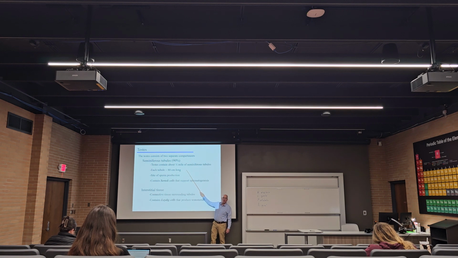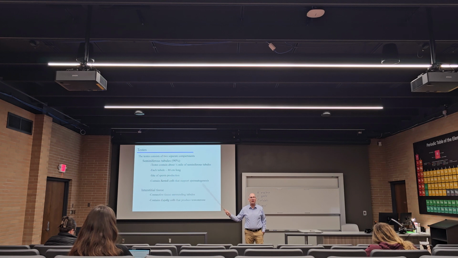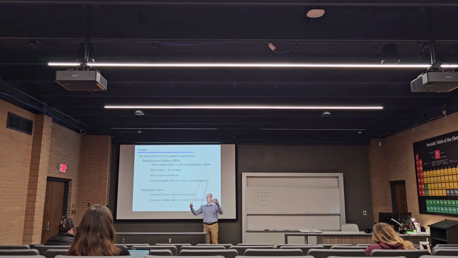In other words, there's a lot of space in here. Put both of them together and you've got about a mile's worth of seminiferous tubules. Each individual tubule is about 80 centimeters long, so if you stretch them out, they'd be about this long. And obviously they're very tightly coiled up to fit within the testes.